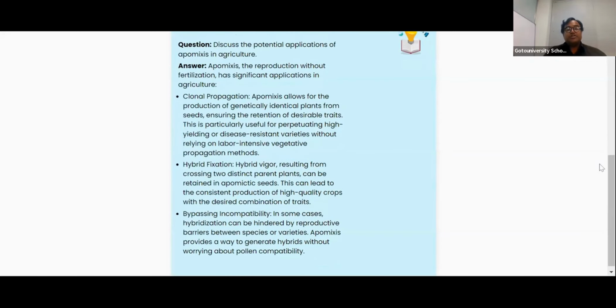Discuss the potential application of apomixis in agriculture. These questions are not taken randomly from any textbook. We always choose one question from the NCERT exemplar, one from the CBSE textbook exercise questions, one from the board paper, one from the hard questions given by the CBSE board, and one from the practical portions.